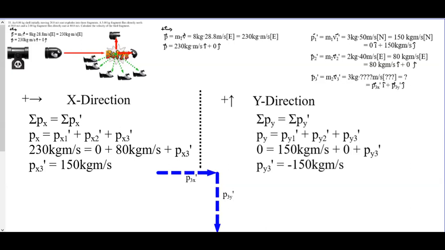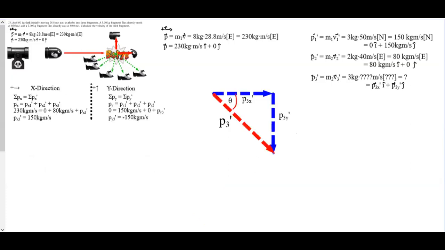Finish your triangle off. You're looking for the hypotenuse of my third fragment afterwards. So that's just the Pythagorean Theorem. If I shrink those down so there's more room on the page, we're going to solve for that triangle. Pythagorean Theorem says c squared is equal to a squared plus b squared, or the hypotenuse of my third fragment momentum is equal to its x component squared plus its y component squared, all in the square root.